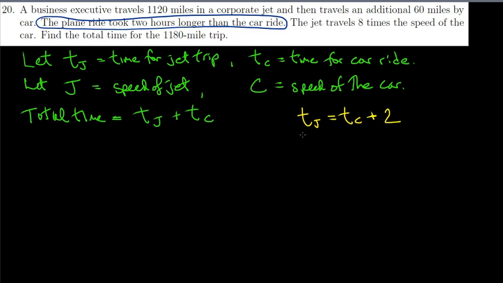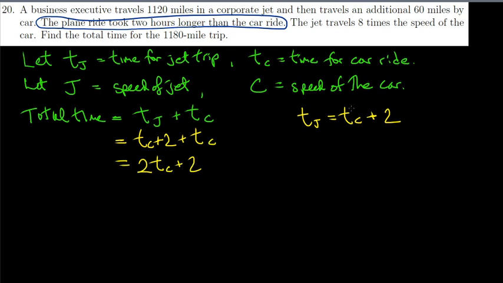In fact, these are related. If you know the time for the car, you know the time for the jet. So the time for the jet is the car time plus 2, and then the total time adds another car time. So that's just 2TC plus 2.